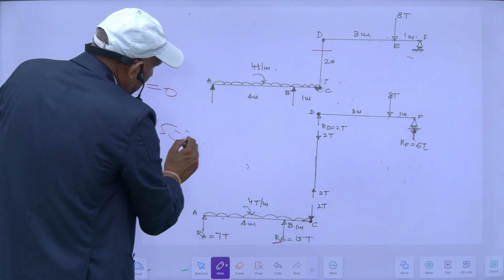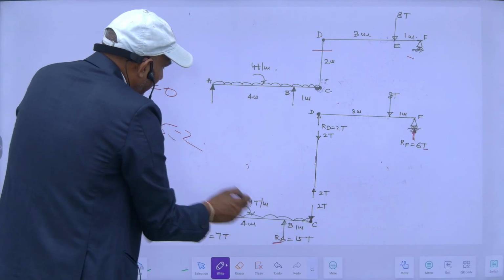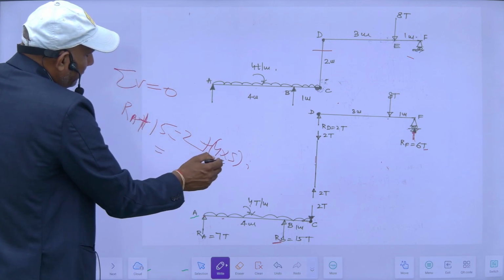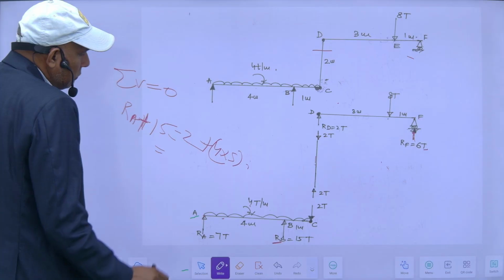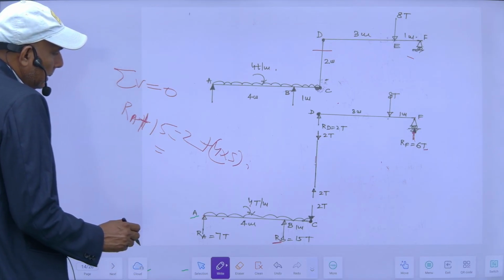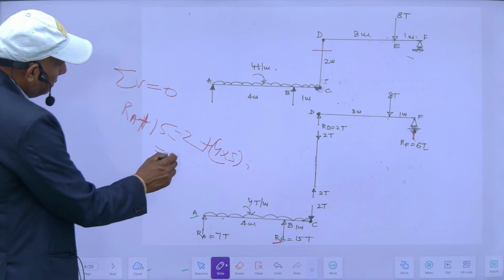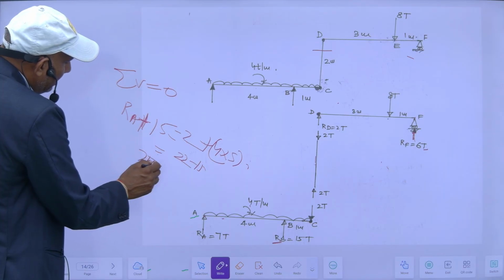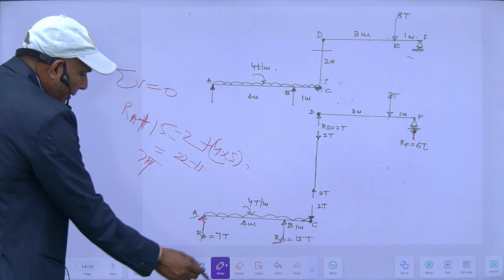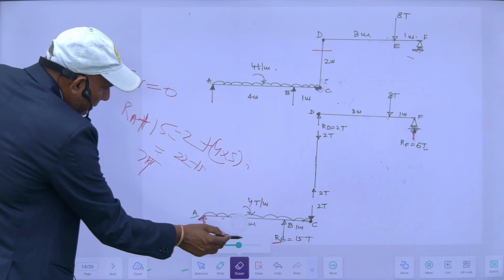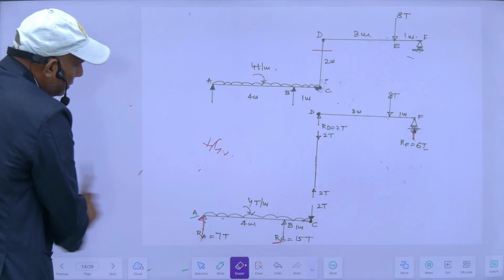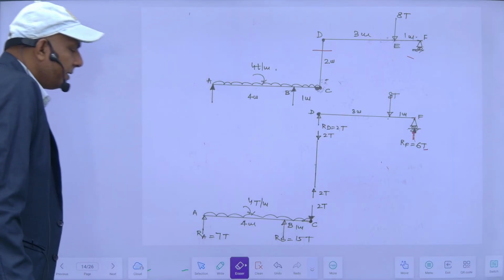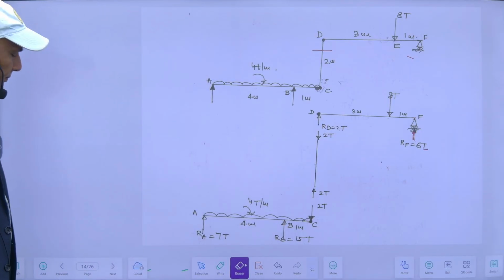This is 2 plus this is 4 ton per meter into 5, so 4 into 5, 20, plus 2, 22 minus 15, it will be 7. So 7 ton is the reaction here. So my free body diagram is complete now. From this I can easily draw its SFD and BMD.